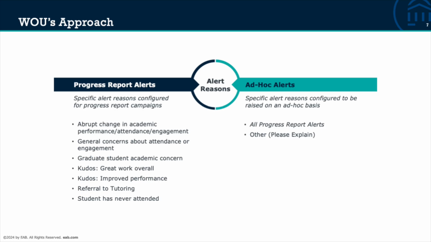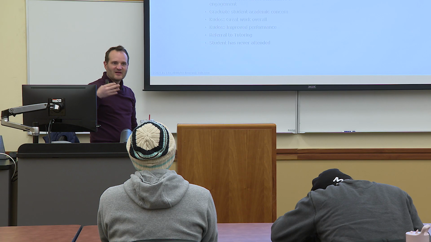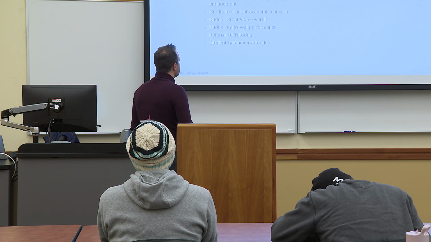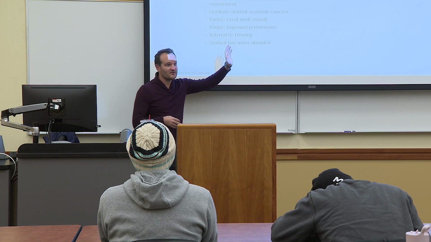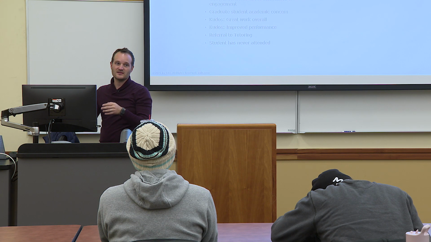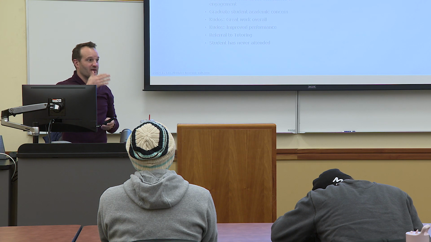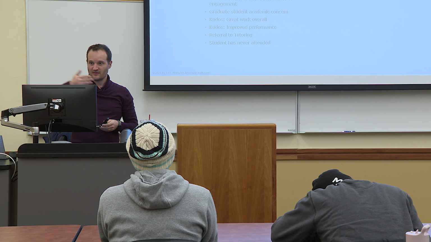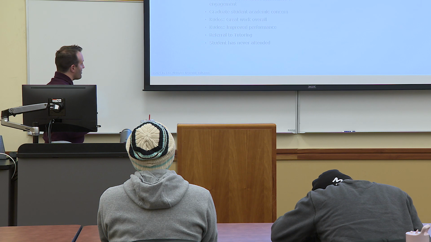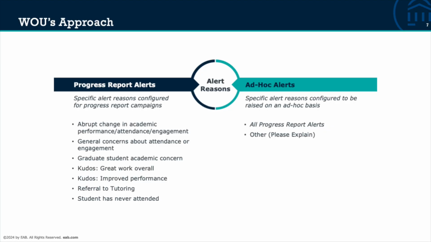So again, helping provide some positive affirmation for students if they are overall doing really, really great or have started to make some strides, right? Like I think about midterm to final grade period, right? Like that being a great kudos moment for the second one. We also have a referral to tutoring, and then the student has never attended is the last alert reason.